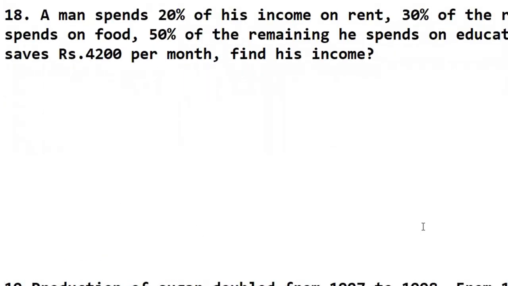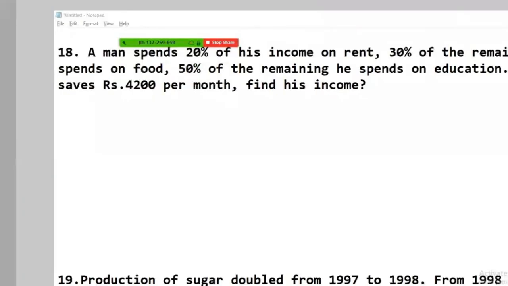A man spends 20% of his income on rent. 30% of the remaining he spends on food. 50% of the remaining he spends on education.